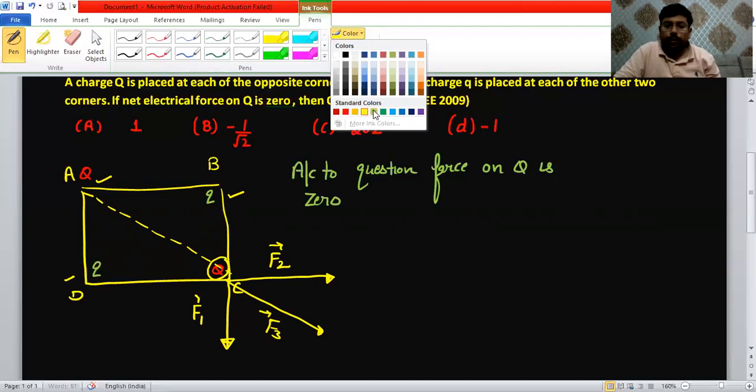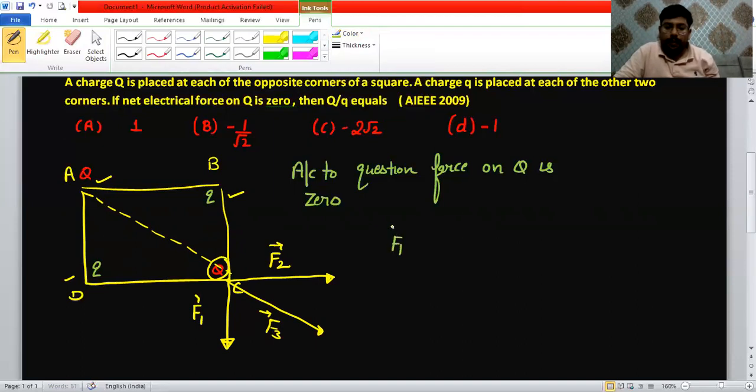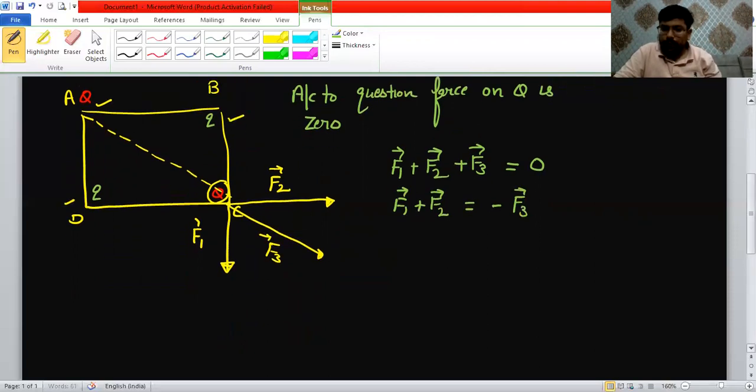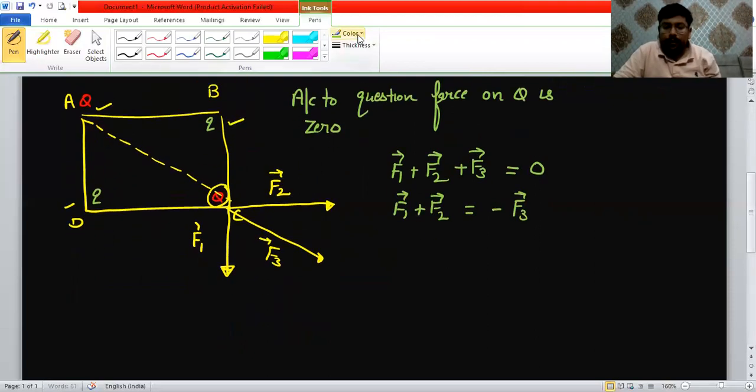Now according to our question, the vectors F1 plus F2 vector plus F3 vector, when added, are equal to 0. The total force is given as 0. This means F1 vector plus F2 vector is equal to negative of F3 vector. Now we can add F1 vector and F2 vector by the parallelogram rule of vector addition.